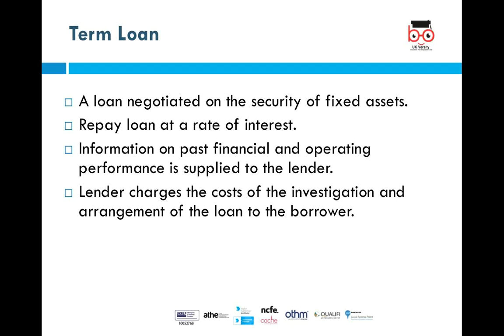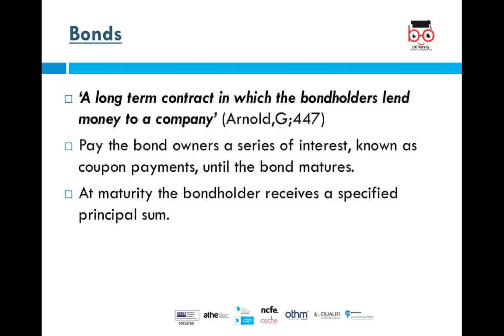The lender charges the costs of investigation and arrangement of the loan to the borrower. If a financial institution or other lender wants to provide a lending facility to a particular type of borrower, they need lending supervision fees and costs of investigation for the loan and the borrower.